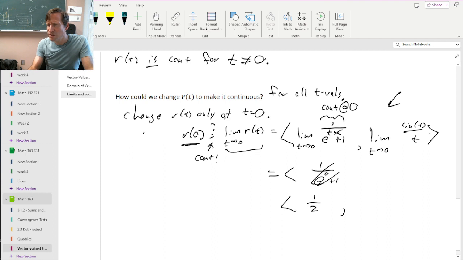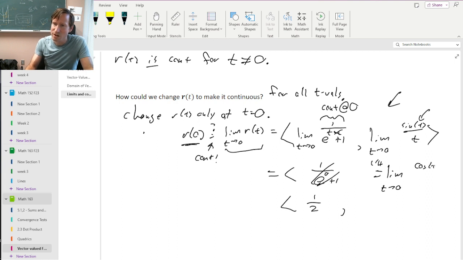For the y-coordinate function, we can't just plug in 0 because we get 0 over 0, so we use L'Hopital's rule and take the limit as t goes to 0 of the derivative of sine, which is cosine t, over the derivative of t, which is 1. Plug 0 into this, and we get 1. So r of 0 has to be 1/2 comma 1.